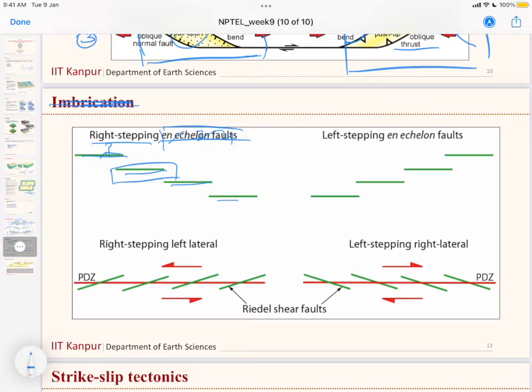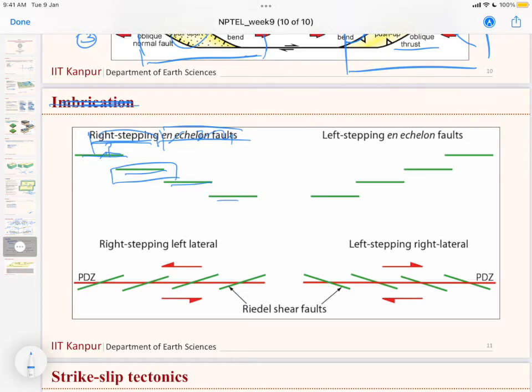Imagine and tell me which side it is appearing. Yeah, right hand side. Be confident. It's a normal thing. So it is coming on your right hand side. So that's why it is right stepping. And how it is related to the earlier figure, we will come to that.